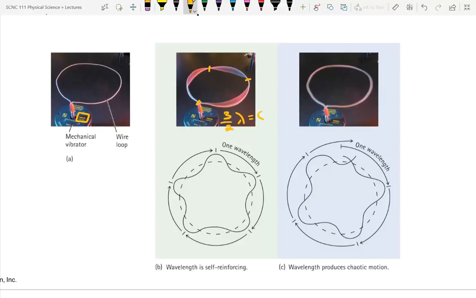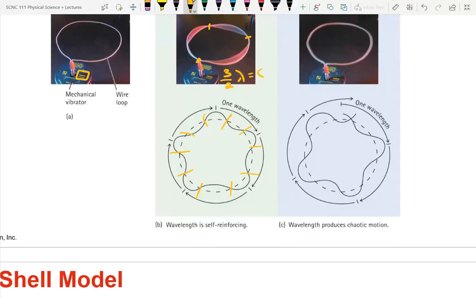So this here is showing an example of, so that's 1, 2, 3, 4, 5, 6, 7, 8, 9, 10 half wavelengths if I started and ended in the same place. And so that would be the n equals 10th state. And if it doesn't have an integer number of half wavelengths, no go.